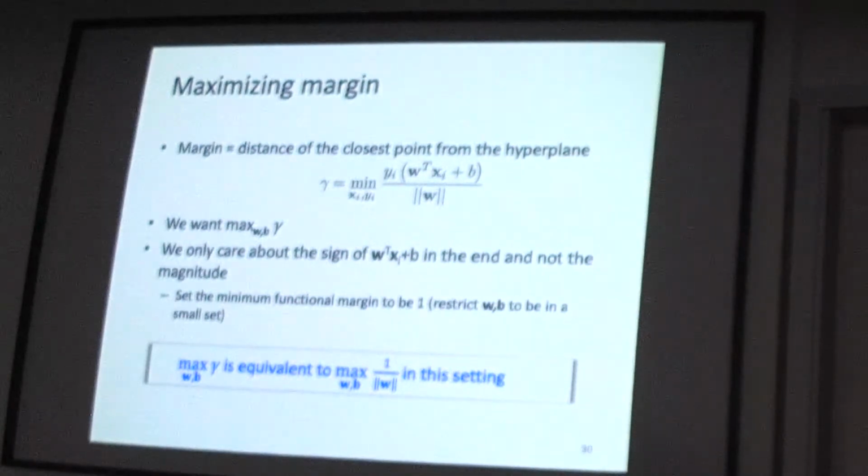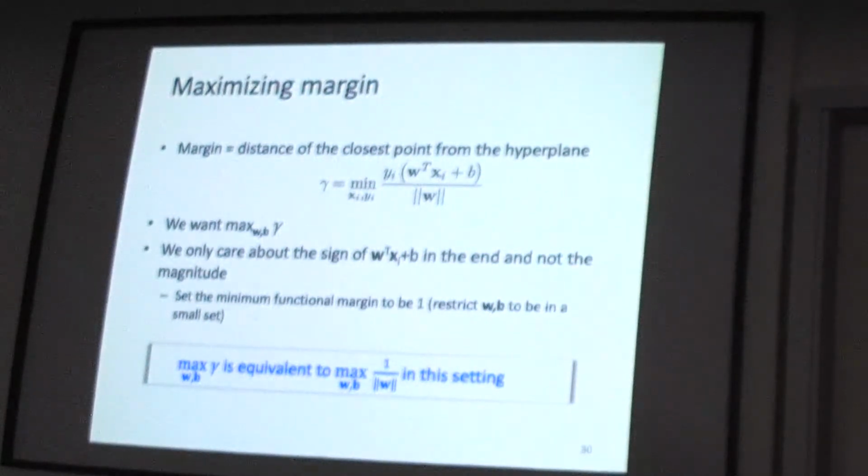Then the issue is, why can we restrict or constrain W, b such that the minimization over all the training examples of this functional margin is always 1? You can view it this way. For arbitrary W, b, of course, it's not necessary that the minimum functional margin is 1. It might be 3.